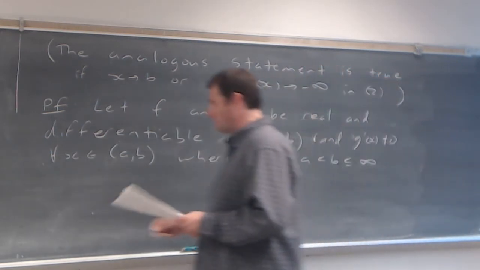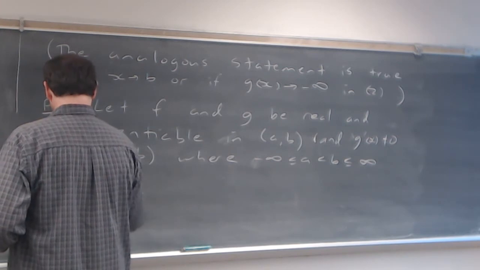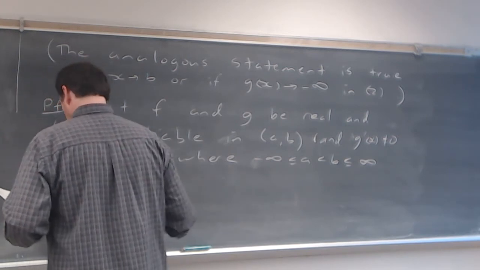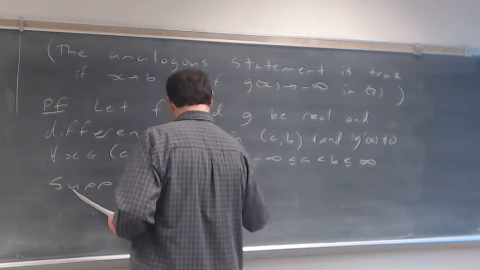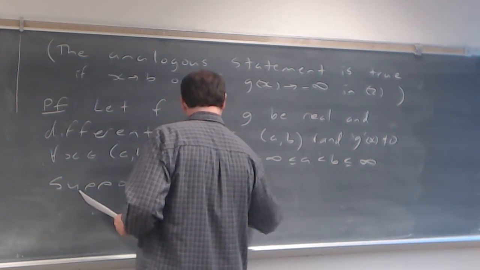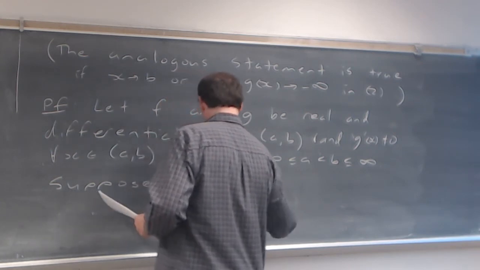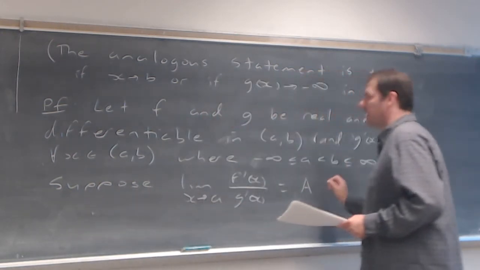We're also going to suppose that the limit as x goes to a of f prime of x over g prime of x equals A.